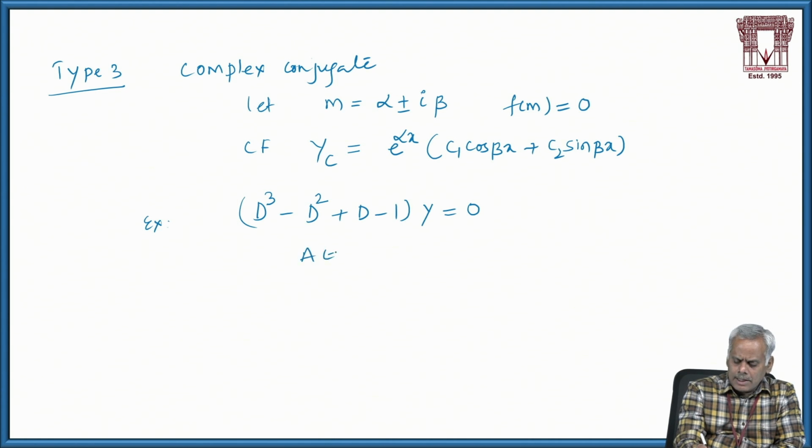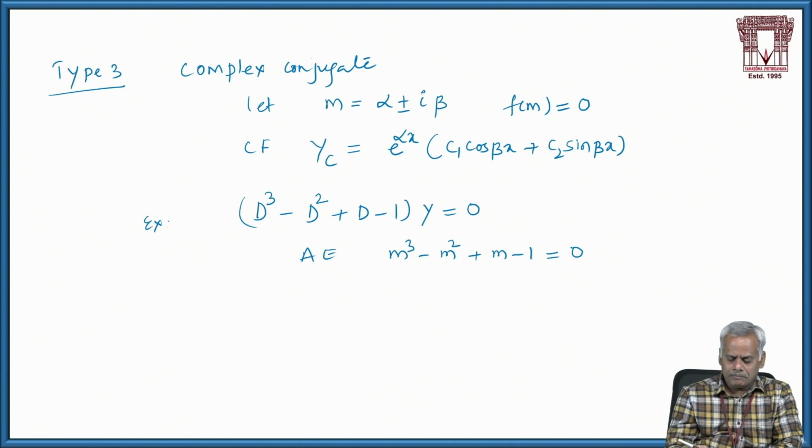So its auxiliary equation is m cubed minus m squared plus m minus 1 is equal to 0. Now since it is a cubic equation, there exist three roots.